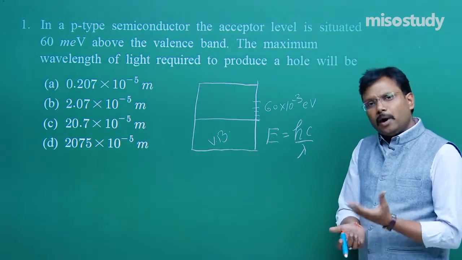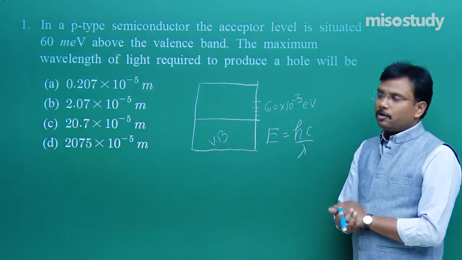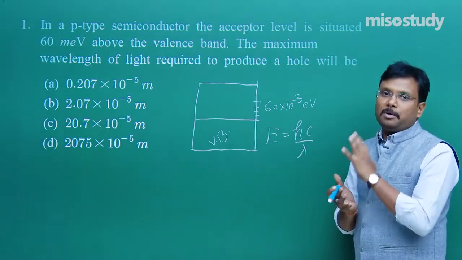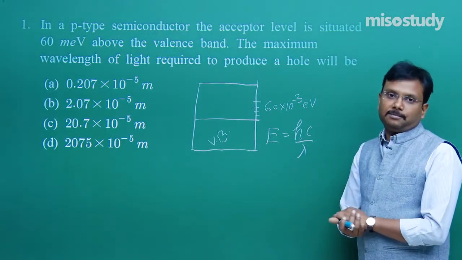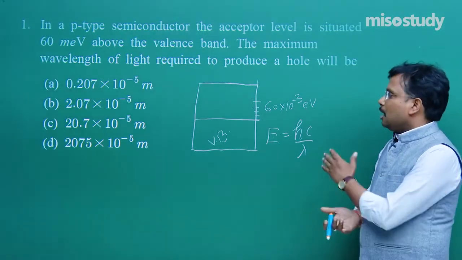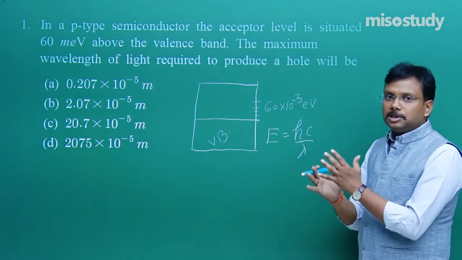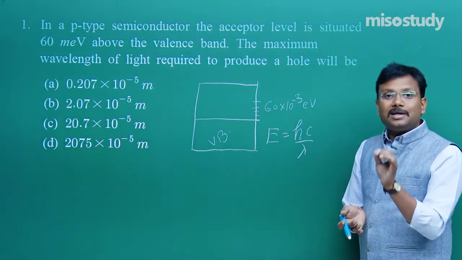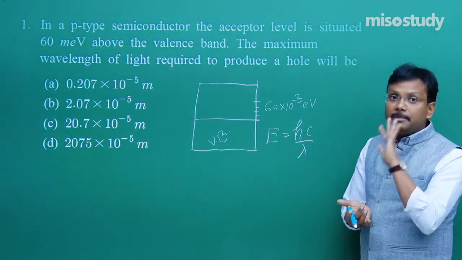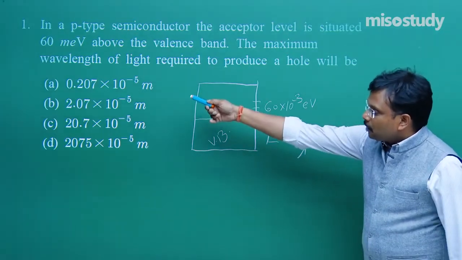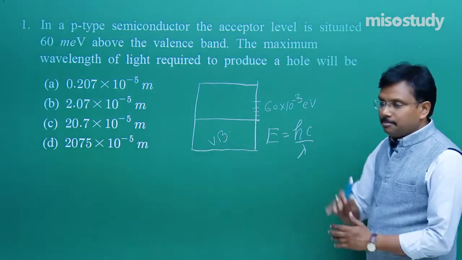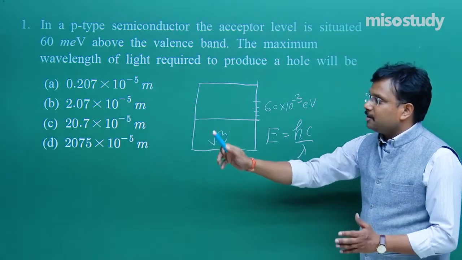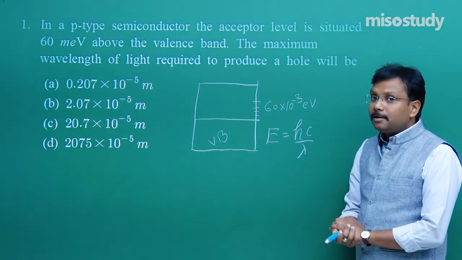What exactly is the point of putting this question? Formula is simple, concept is simple. The only problematic part is calculation. Calculation is simple, but because of these numbers, if you are not extra careful, you will commit a mistake. If you take a look at the options, they differ just in the placement of the decimal point.